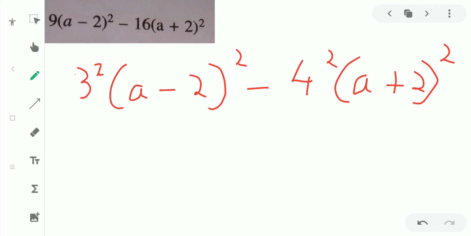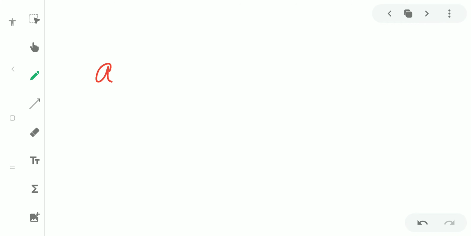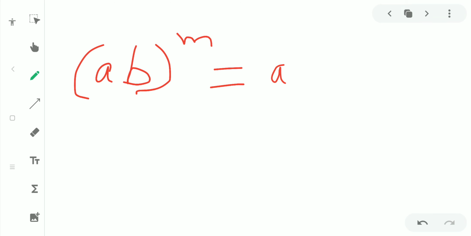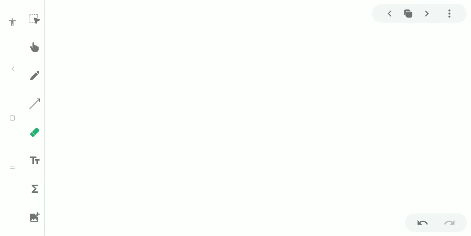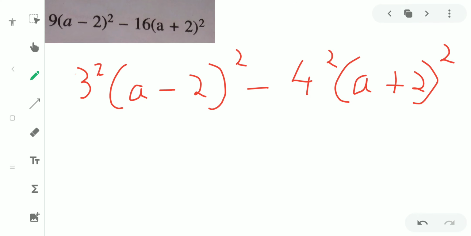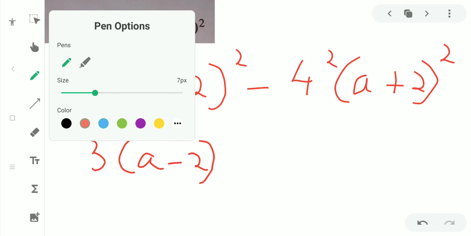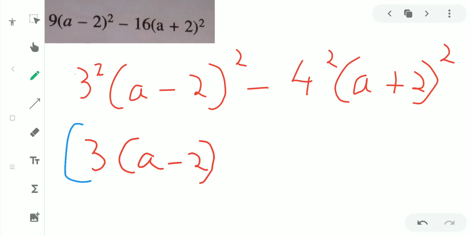So again we are using a formula: (ab) whole power m is equal to a power m times b power m. So this formula now we'll be applying here. So 3 times (a minus 2) whole square. I'm just covering the square brackets with blue color so that you will understand it.